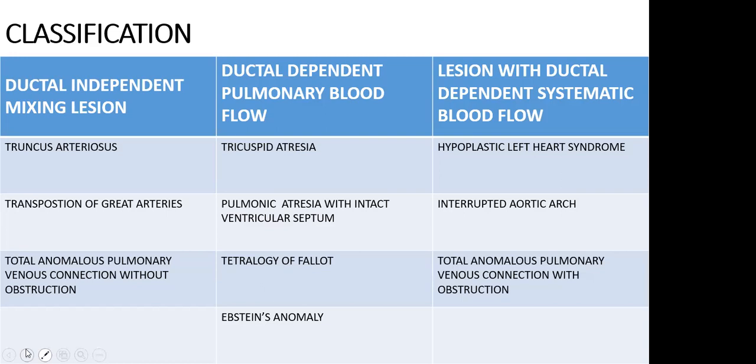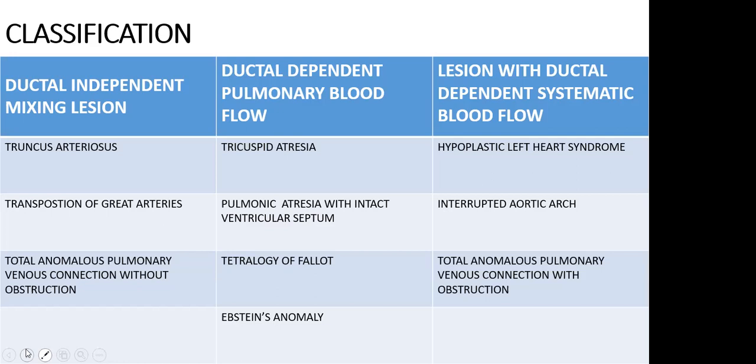This is how patients with hypoplastic left heart syndrome, interrupted aortic arch, and total anomalous pulmonary venous connection with obstruction are affected. They are dependent on the patent ductus arteriosus, while the ductal dependent pulmonary blood flow lesions are dependent on the shunts.